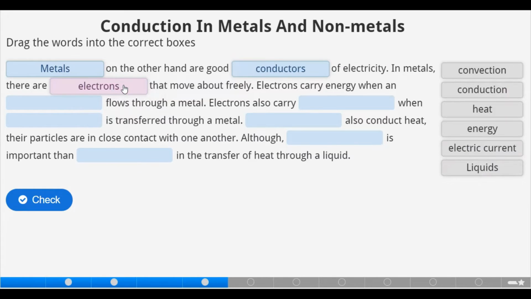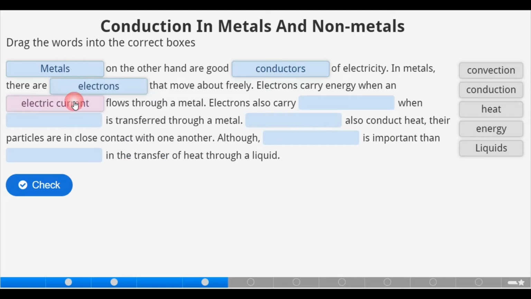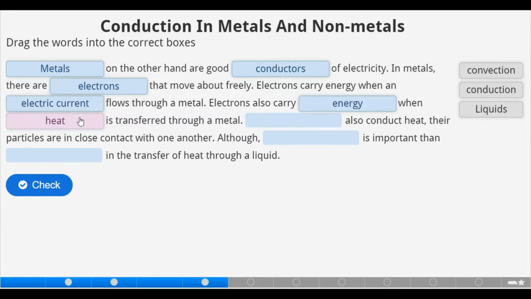Electrons carry energy when an electric current flows through a metal. Electrons also carry energy when heat is transferred through a metal.